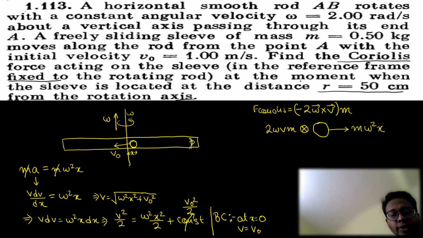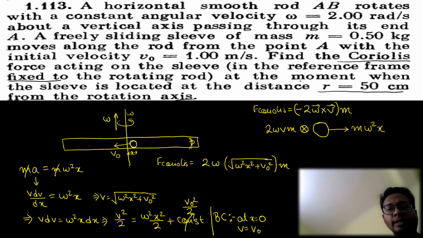So the Coriolis force, F Coriolis, is equal to 2 omega into v, and v is under root of omega square x square plus v naught square, into m.